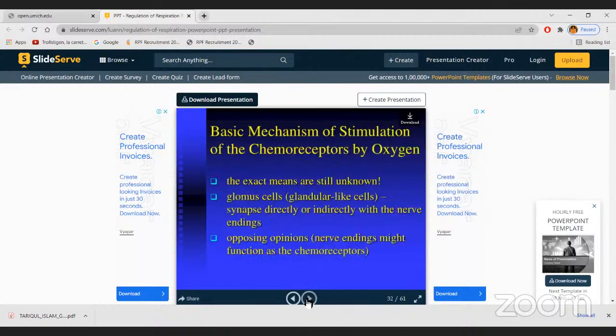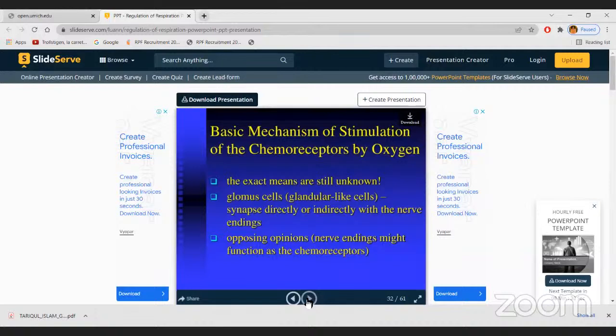Then the next one, basic mechanism of stimulation of the chemoreceptors by oxygen. This is basically oxygen receiving in the organs and discharge of carbon dioxide. The exact means are still unknown.